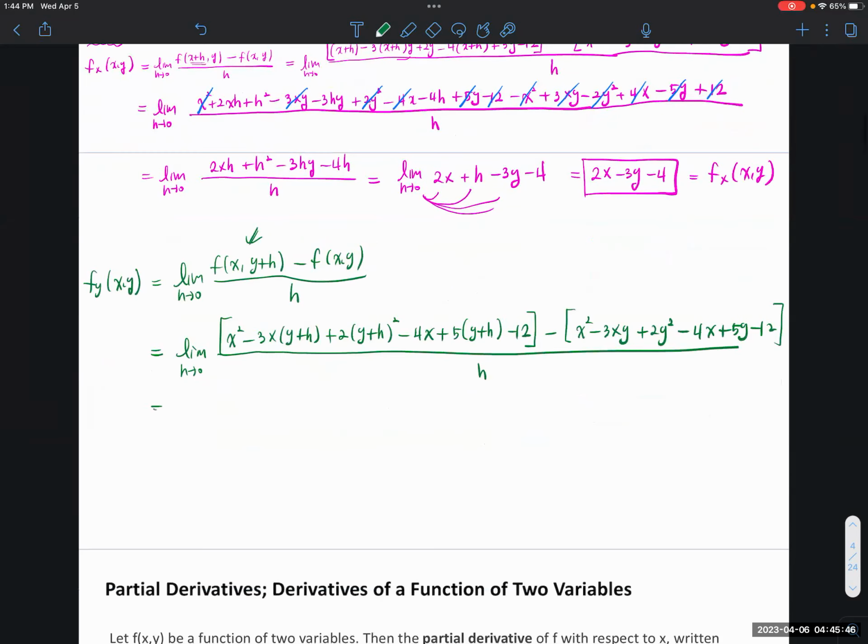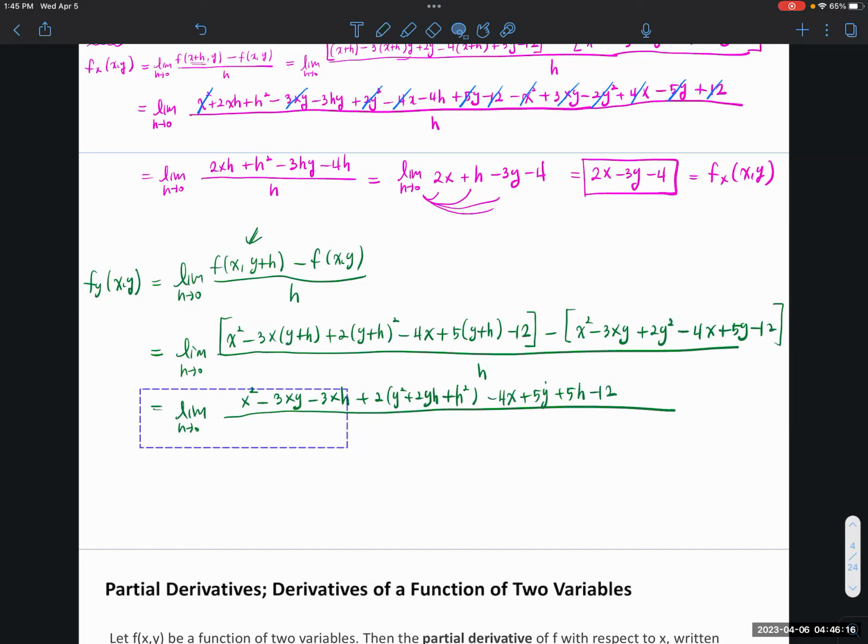And then let me expand everything as much as I can. x squared, distributive property, minus 3xy minus 3xh plus 2 times y squared plus 2yh plus h squared, minus 4x plus 5y plus 5h minus 12.